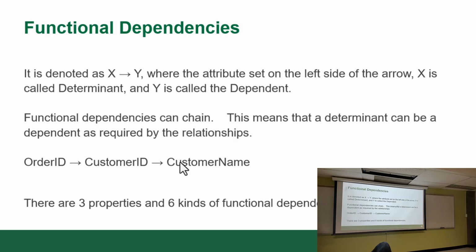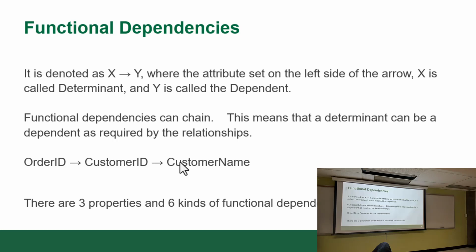It's usually denoted as X arrow Y. The attribute on the left side, X, is called the determinant. The Y is called the dependent. A determinant would eventually potentially become a primary key. So something determines the value of something else. Anything to the left of the arrow is a determinant. Everything to the right is dependent values.